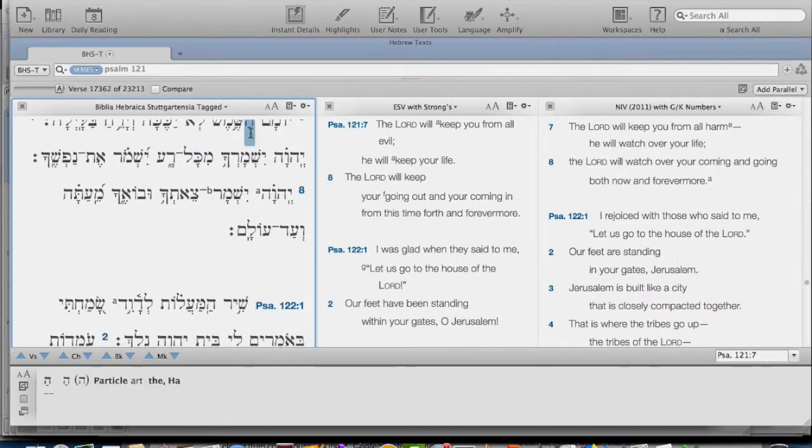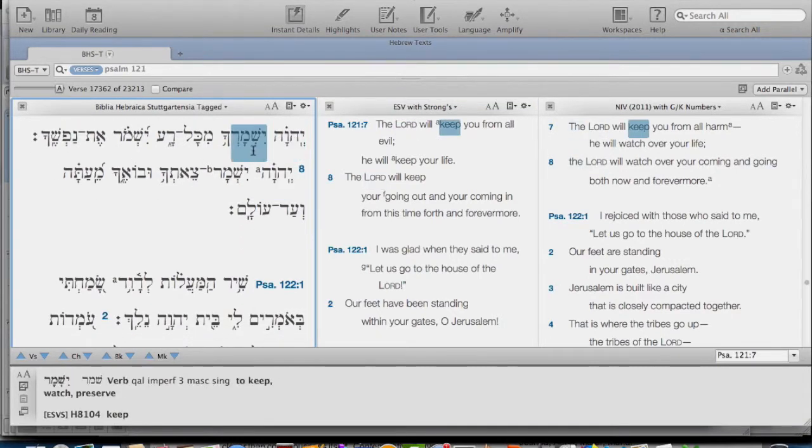So we have Adonai yishmarkha mikol ra, yishmor et nafshekha. So something like Yahweh or the Lord will keep you from every evil. He will keep your life.